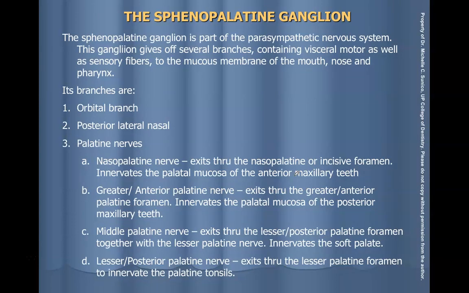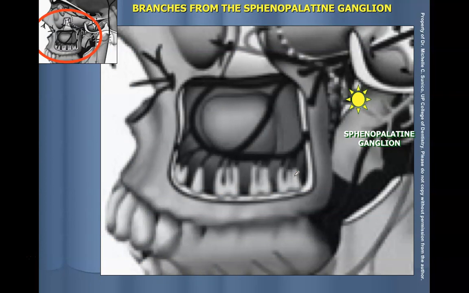The ganglion gives off several branches containing visceral motor as well as sensory fibers to the mucous membrane of the mouth, nose, and pharynx. It has its own branches, which include the orbital branch, the posterior lateral nasal, and, very important in oral anatomy and in dentistry, the palatine nerves. Let us now look at the branches of the sphenopalatine ganglion.